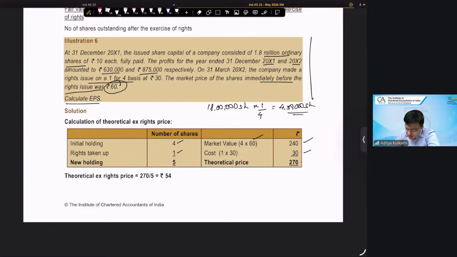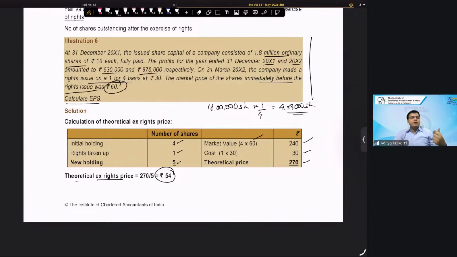So therefore, after the rights issue concludes, your new holding is 5 shares. And the theoretical value of those shares should be 270 rupees. Are you able to follow this? So therefore, your theoretical ex-rights price should be rupees 54 per share. That means if market behavior remains unchanged, with no other external factors, today I am having shares worth 60 rupees.